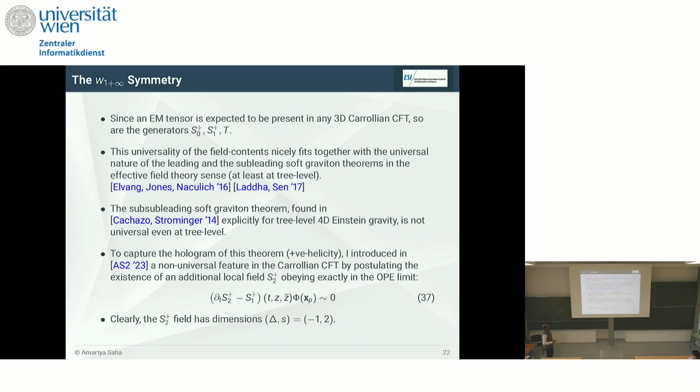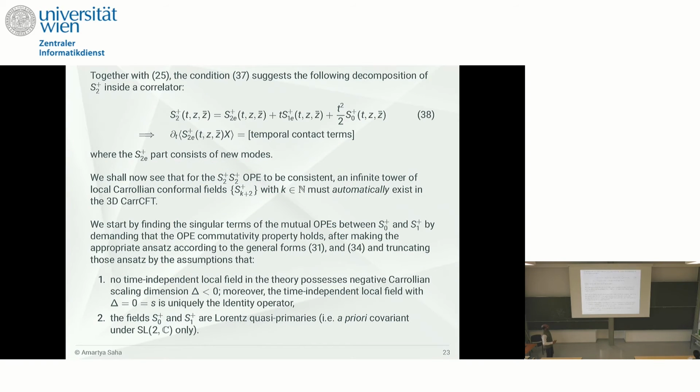Okay, so due to this relation, the decomposition follows. S2 plus can be decomposed inside the correlator like this, and this S2E quantity is time independent in the OP limit, and this S2E part has to contain some new modes that have not previously appeared in the S1 plus or the S0 plus field.